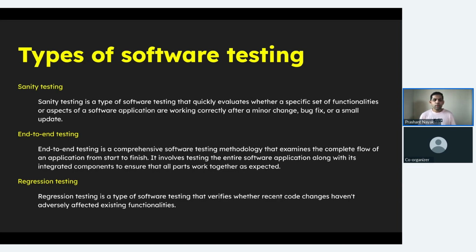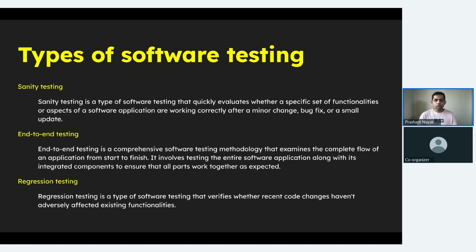And then we have end-to-end testing. End-to-end testing is related to system testing, wherein we test the overall system as a whole. But when we do end-to-end testing, we test the overall application plus the integration of the application with third parties. Again with Gmail, there might be an integration where, if I'm logged into the Gmail application and I click on Google Drive, it should successfully log into the Drive application.